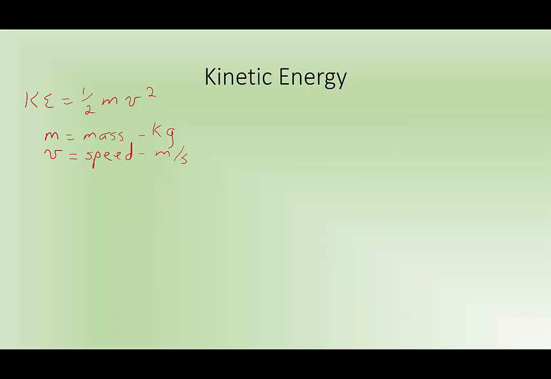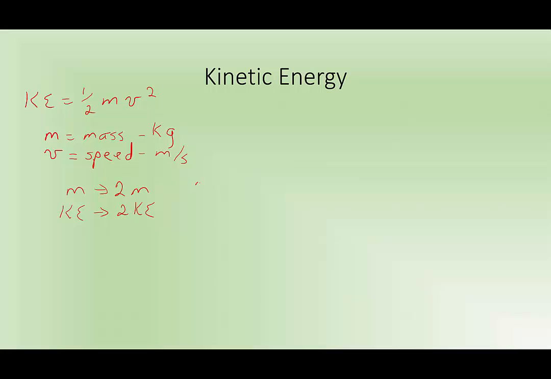Now, notice that the v is squared. With the v being squared, that means that a change in speed has a much greater effect on the kinetic energy of an object than the change in the mass. So for example, if the mass doubles, then your kinetic energy becomes twice the kinetic energy, because just the mass there is going to be doubled.